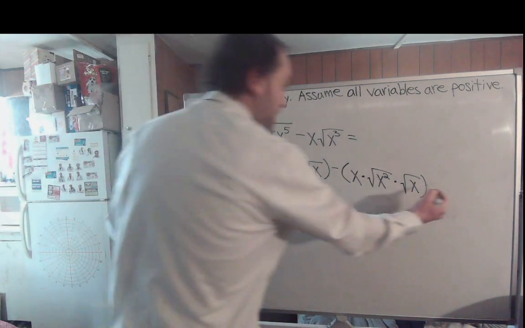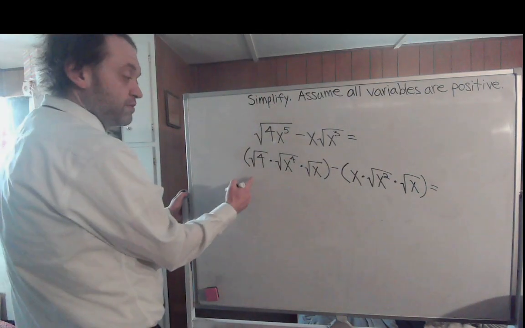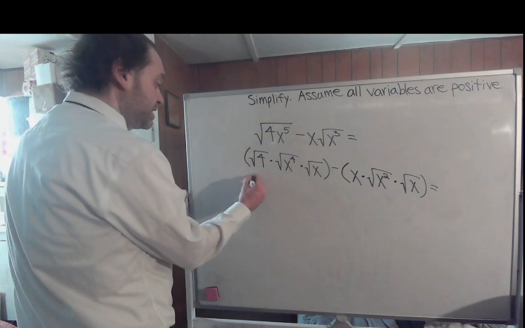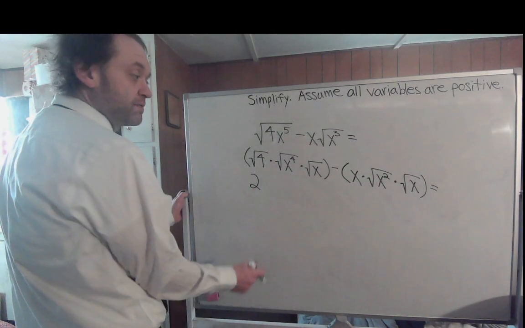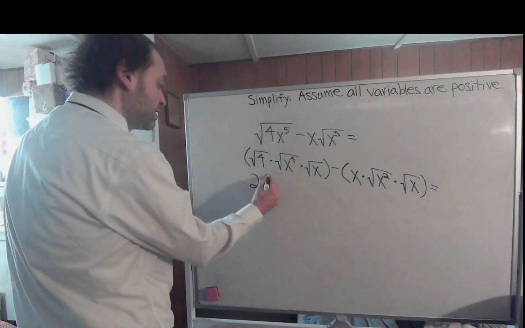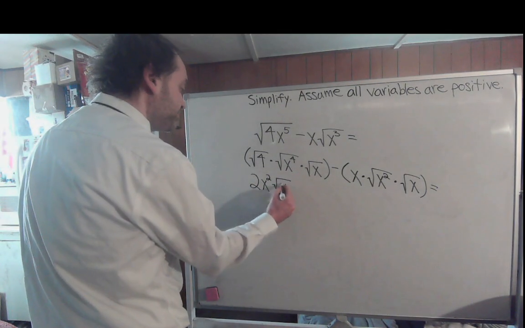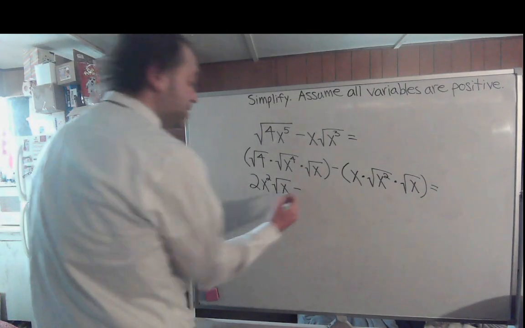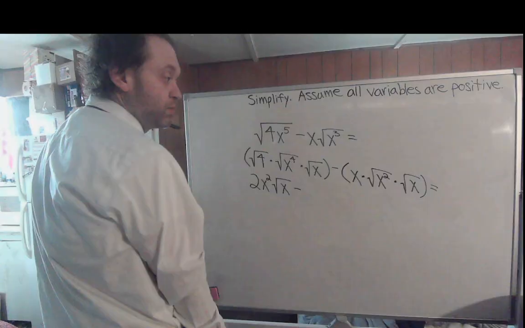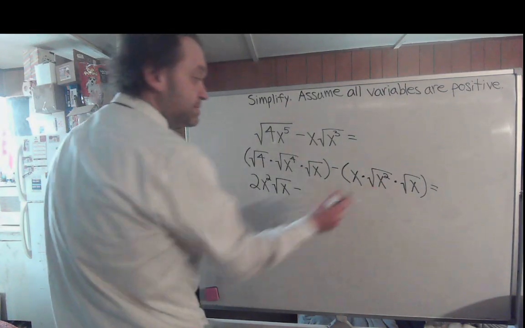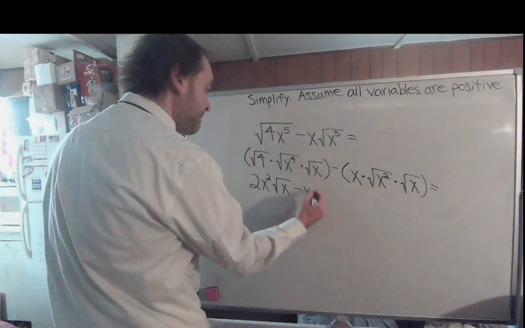Now let's simplify each term. What's the square root of 4? Well, that's going to be 2. What's the square root of x to the 4th? That'd be x squared. Square root of x, there's really nothing we can do with that. Minus, now, what is the square root of x squared? That'd be x, so x times x is x squared.